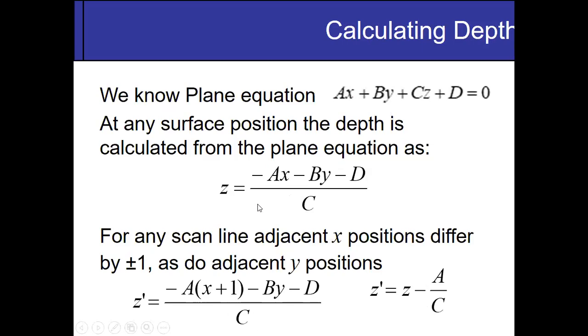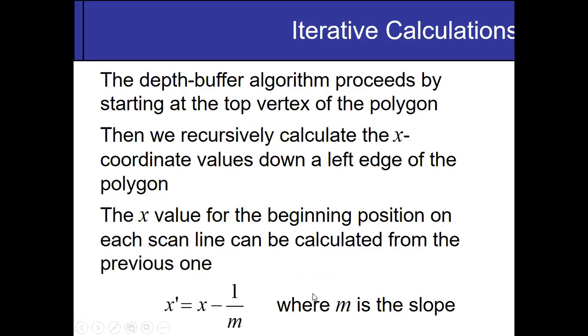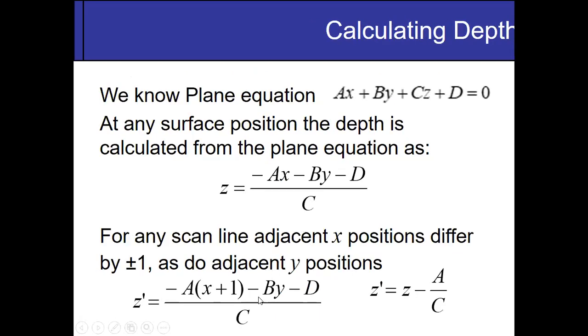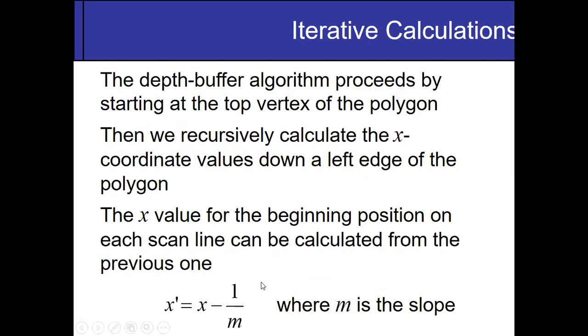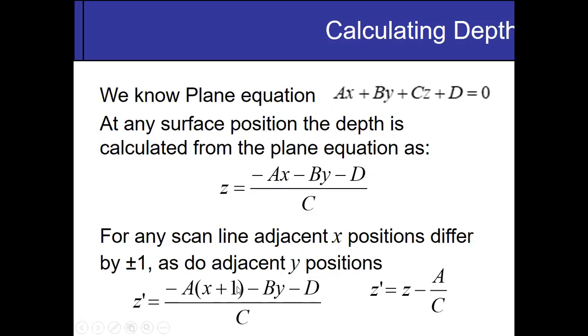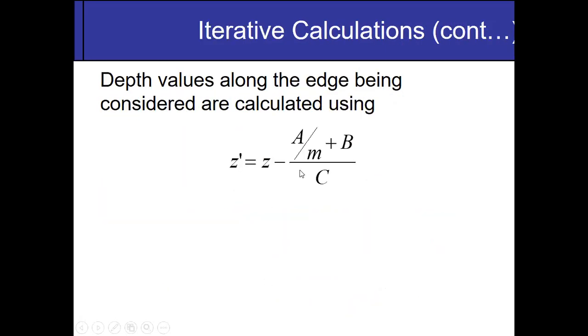These two equations, especially Z plus Z dash, you should keep on doing for the entire first row. Then the second row, that is the top minus 1 row, Y minus 1: replace Y with Y minus 1, and replace X with X minus 1 by M. You will get this.